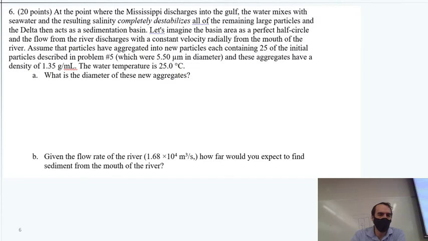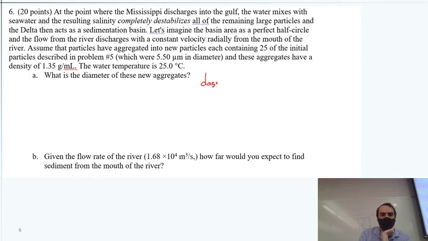And now we are assuming each of those 5.5 micrometer particles are now comprising aggregates that have 25 of the initial particles per every aggregate. Okay, then we have the density, the water temperature, all of that. And so the first question is, what is the diameter of these new aggregates?